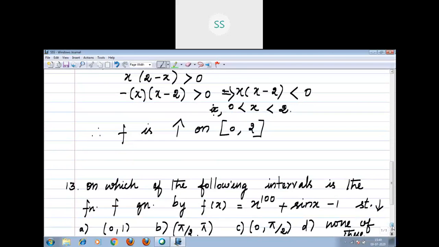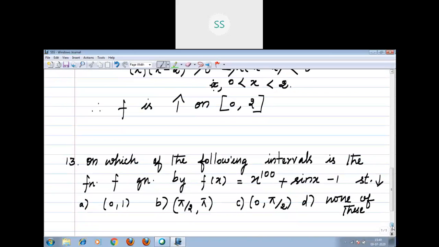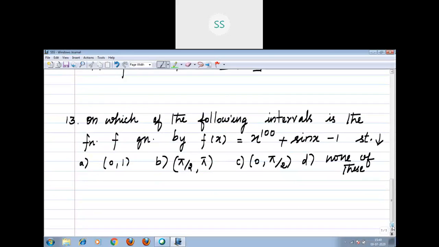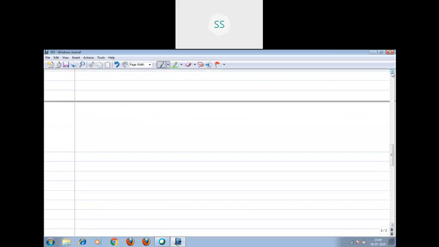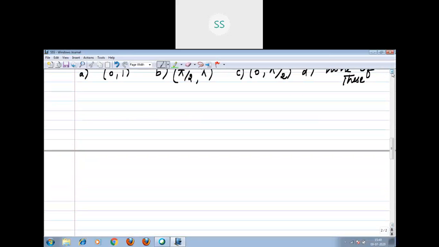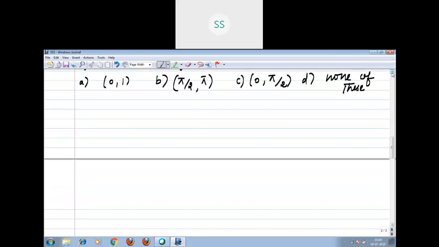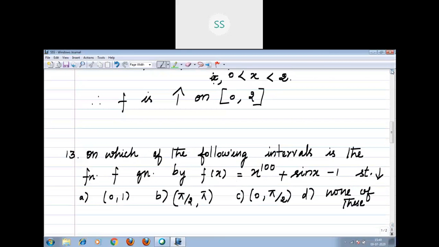On which of the following intervals is the function f of x equal to x power 100 plus sin x minus 1 strictly decreasing? Four options are given. You have to discuss each and every interval, and finally you should give a conclusion. Now see what is given: f of x equal to x power 100 plus sin x minus 1.